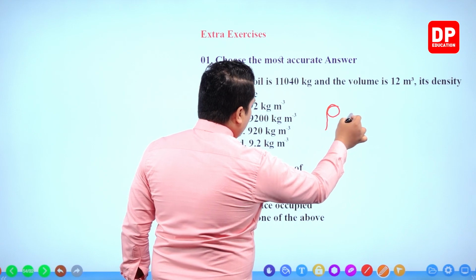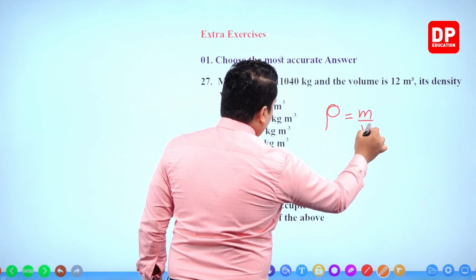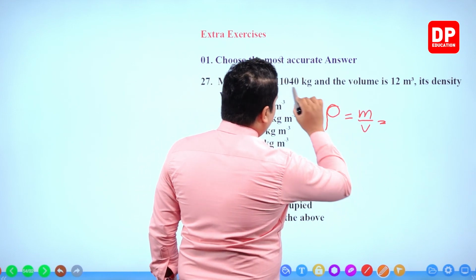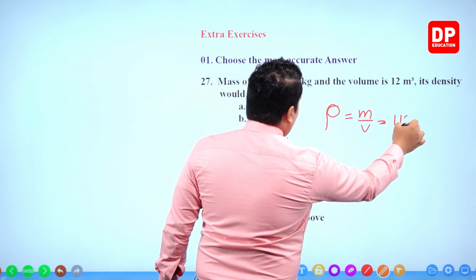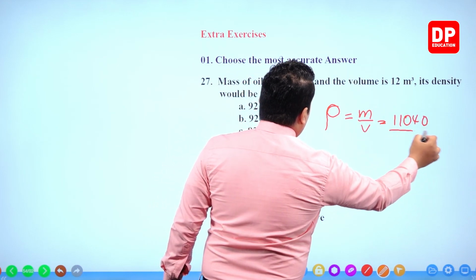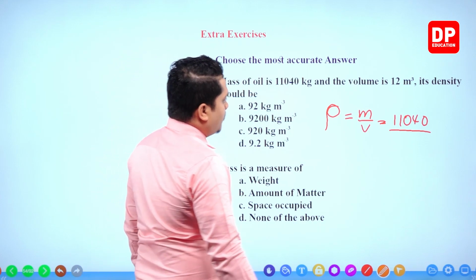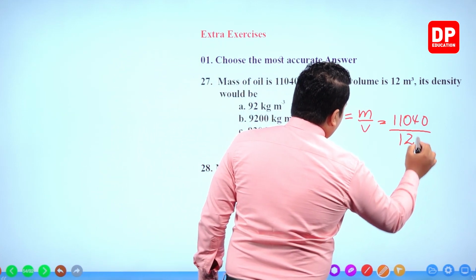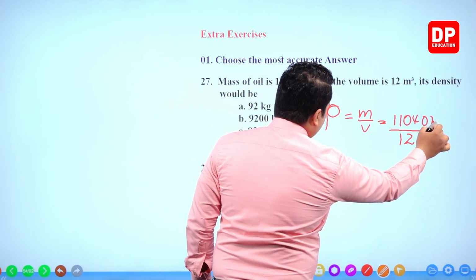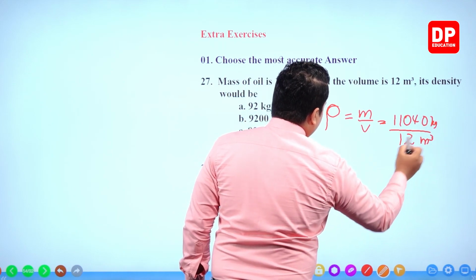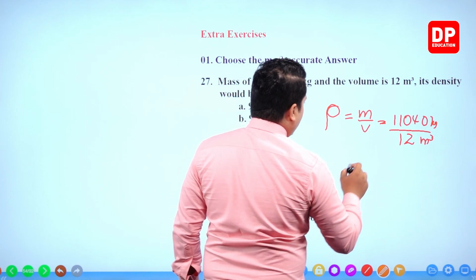Density equals mass over volume. Mass is given, 11,040. Then the volume is given, 12. So here kilograms and here cubic meters. So let's divide and get the answer then.